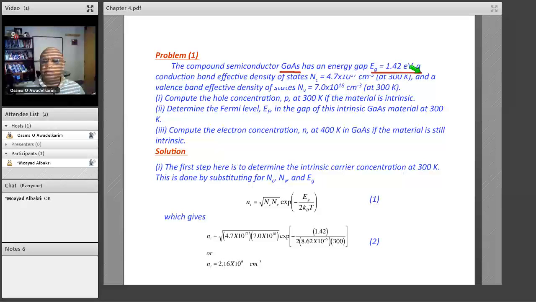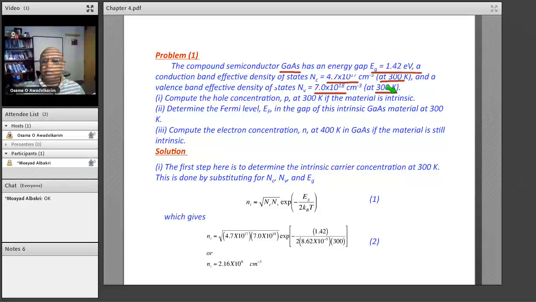The conduction band effective density of states for gallium arsenide at 300 Kelvin is 4.7 times 10 to the 17 per cubic centimeter. Remember, it's a density of states per cubic centimeter. And the valence band effective density of states, Nv, is 7 times 10 to the 18 per cubic centimeter, again at 300 Kelvin.